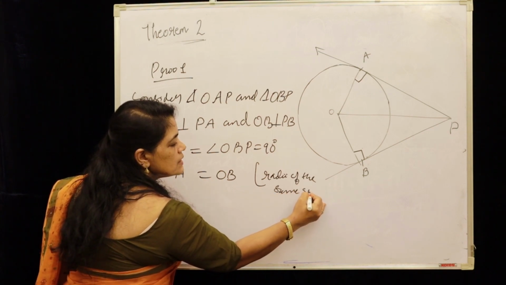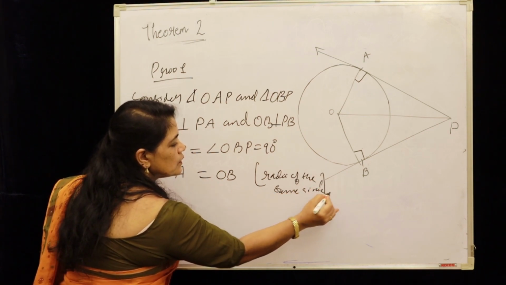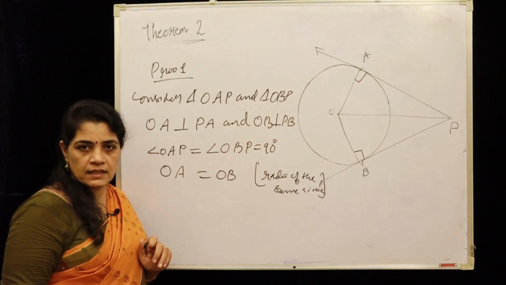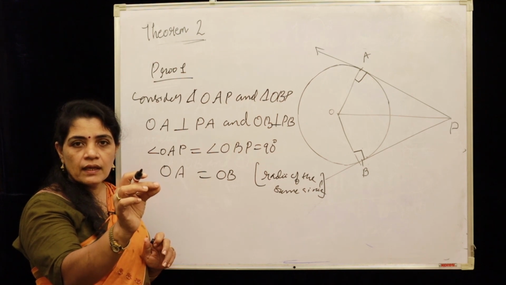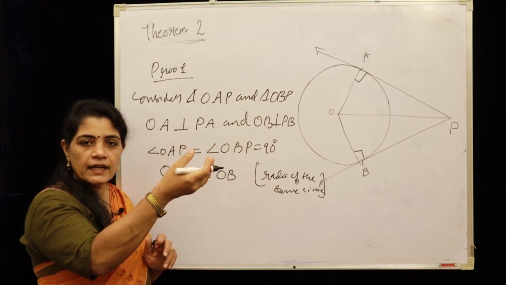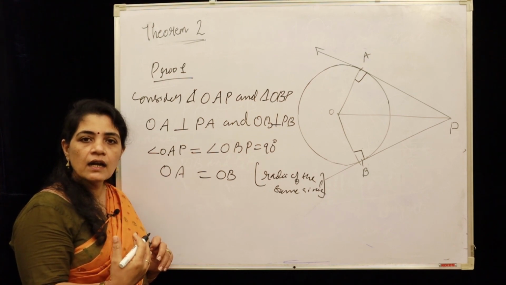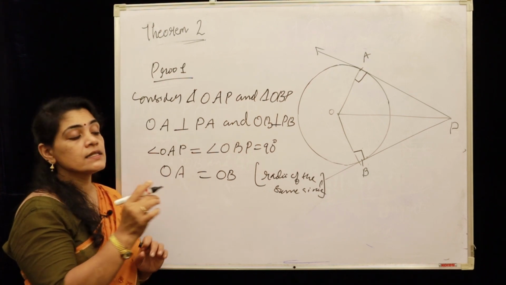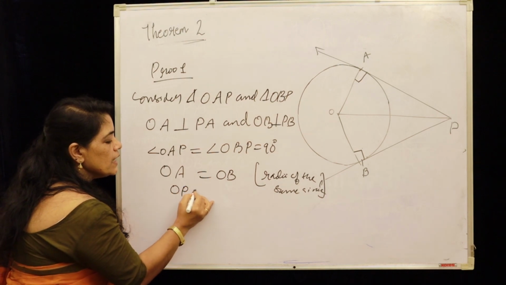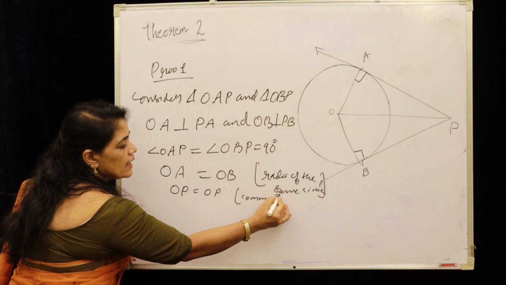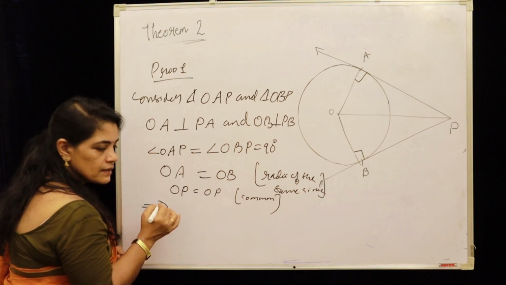And the third case: OP is one of the sides and the same side OP comes in the second triangle OBP. So OP is common, OP equal to OP, common side, which implies, what is that?